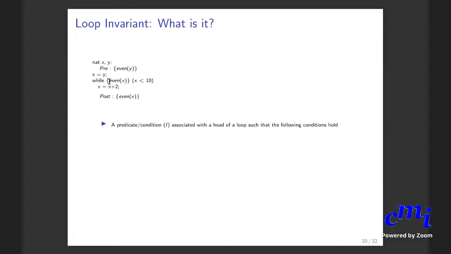The argument is that this condition, x is always even, holds at the head of the loop regardless of how many times you iterate the loop, which means that it holds good the first time you get to that point.